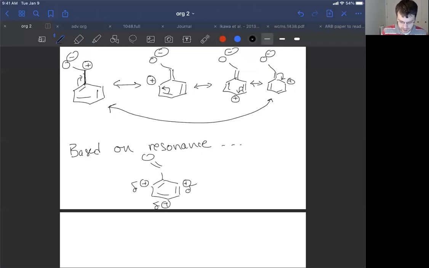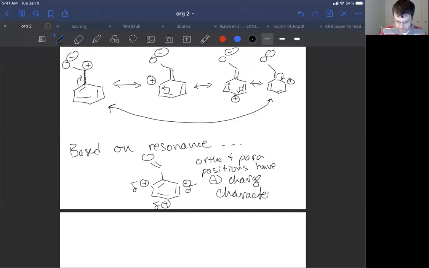What I just want to indicate is that the ortho and para positions have positive charge character.